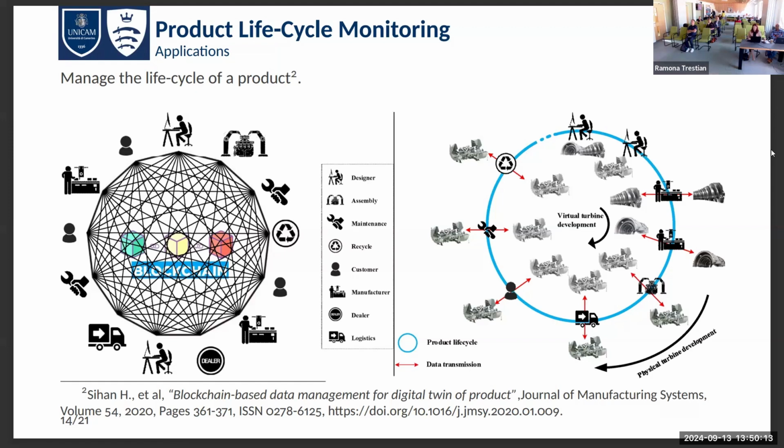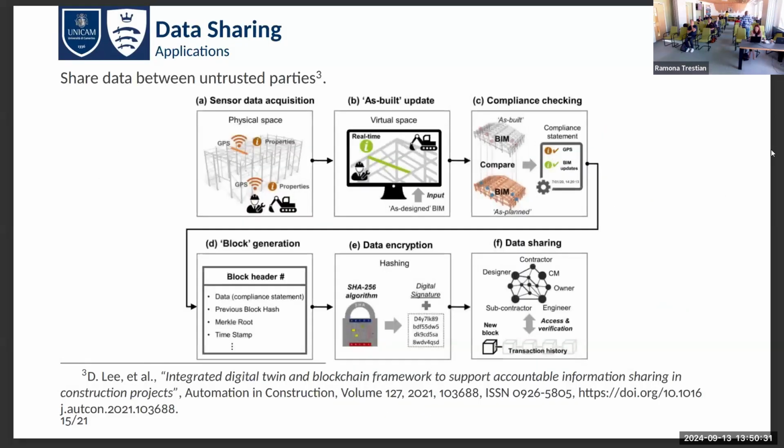Clearly, the blockchain cannot be used to store every interaction with the digital twin, but maybe we can use the blockchain just to track some main events or some main actions that are of significance for the application.